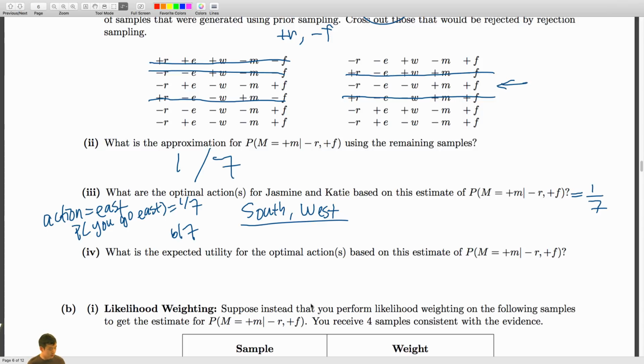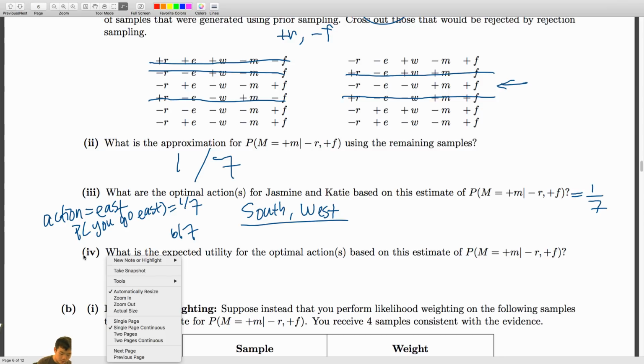And so for the final part, we want to compute the expected utility for these optimal actions. Because this is a random process, we have 4 possible states we could end up in. After taking an optimal action, we can end up in south, west, north, or east. For each of these, we want to compute the probability of heading in that direction and landing in that state times the utility for actually being in that state.